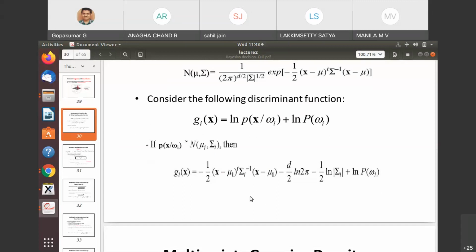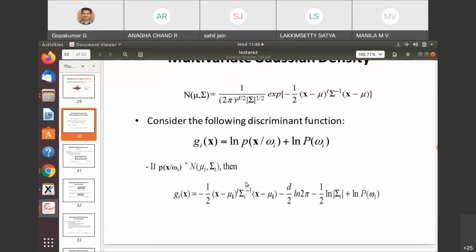For each case we can calculate the covariance matrix and its inverse, and find this product, and minus d by 2 into ln of 2 pi. Except for the last term, the three terms come from substituting this equation in this probability.